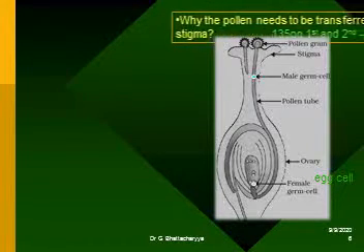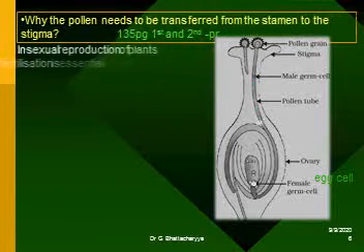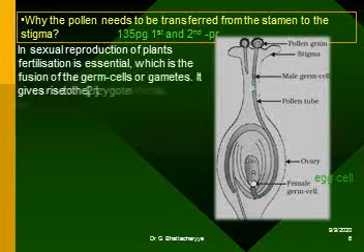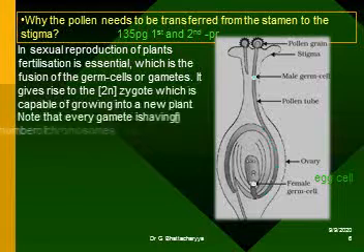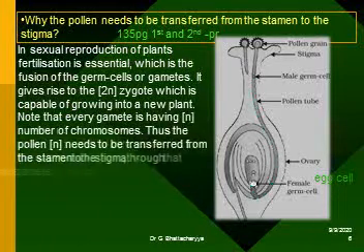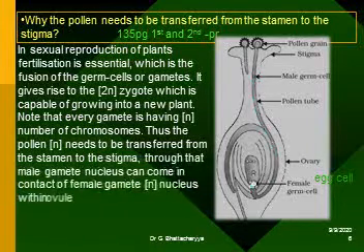Why does the pollen need to be transferred from the stamen to the stigma? In sexual reproduction of plants, fertilization is essential, which is the fusion of the germ cells or gametes. It gives rise to the 2N zygote, which is capable of growing into a new plant. Note that every gamete has N number of chromosomes. Thus, the pollen N needs to be transferred from the stamen to the stigma.